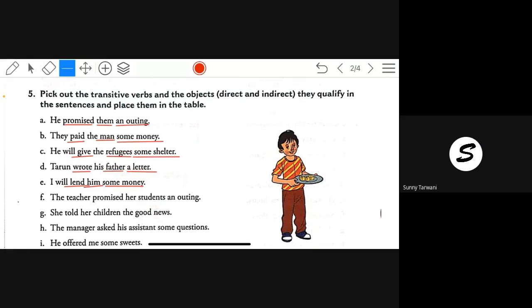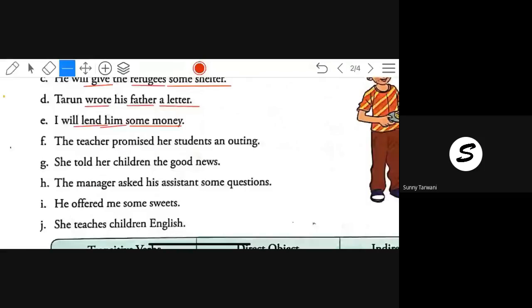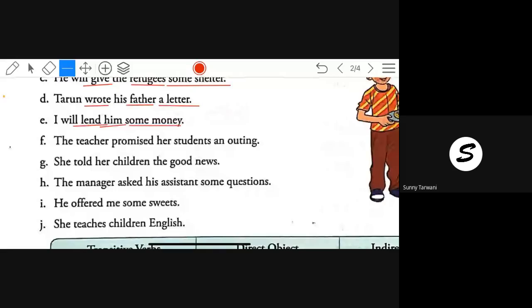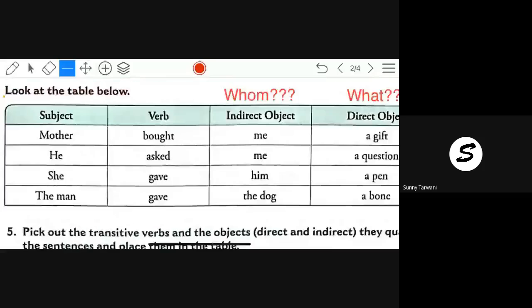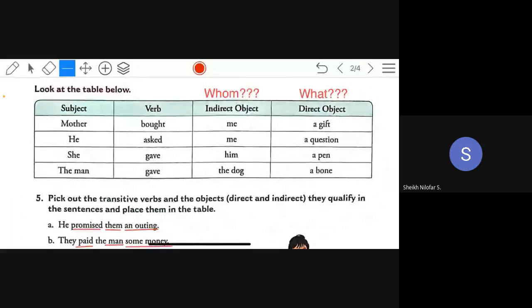So the rest, number 5 onwards, can you do on your own? But you will not underline like this. How will you write it in the book? In a table, this way. You don't need to write subject.